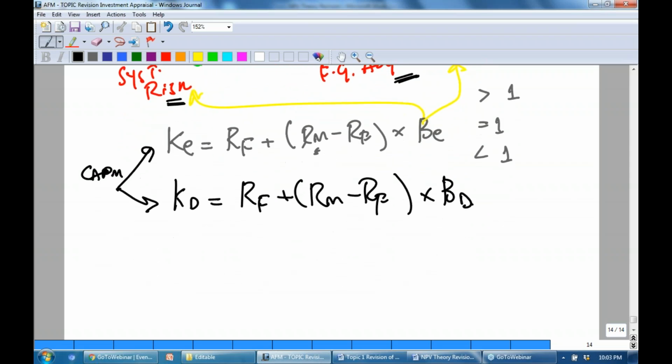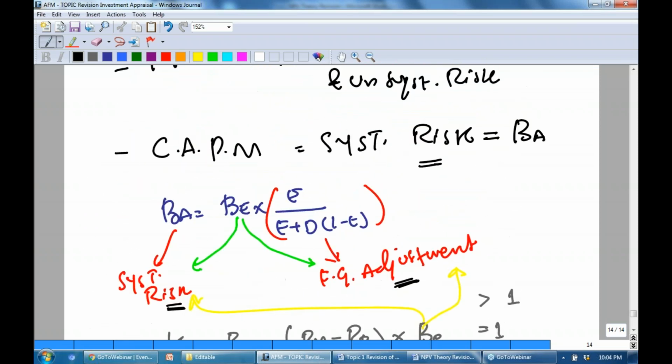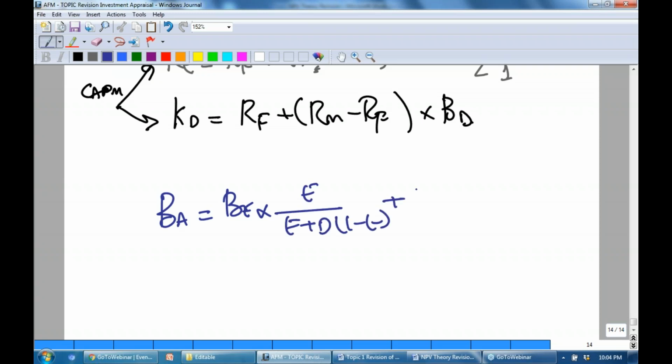Furthermore, moreover, this is the complete formula of beta.